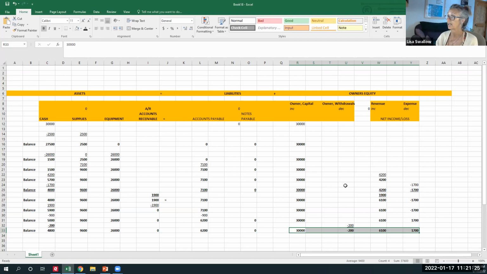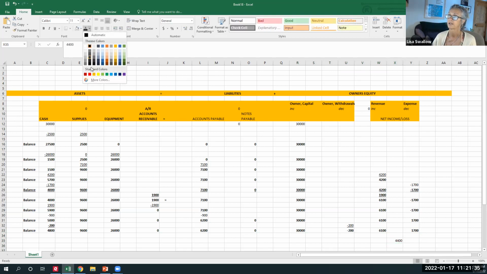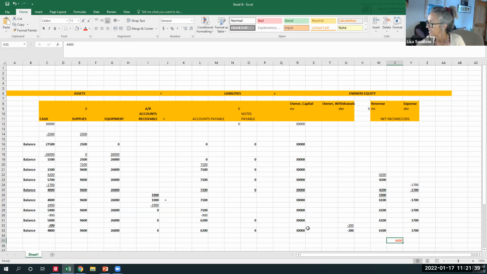And then I'm going to calculate my net income or loss, which is revenue minus expenses. So that's 4,400 bucks, right? So I'm going to add that, and my equity is 30,000 minus 200 plus 4,400. My equity is 34,200.